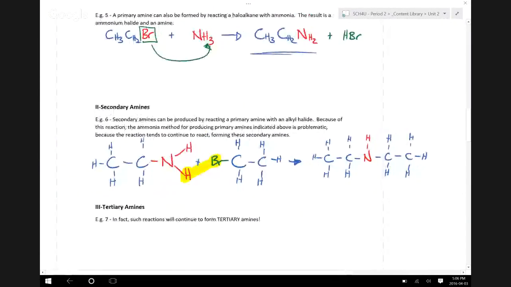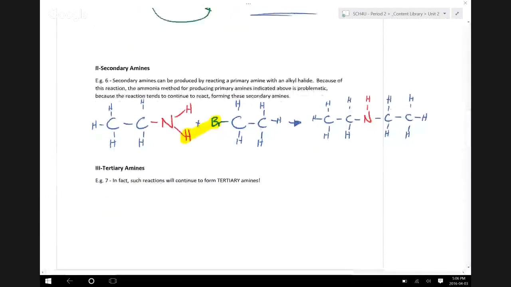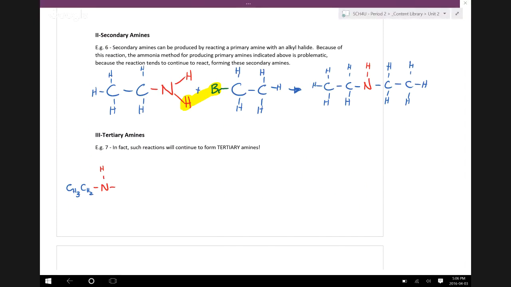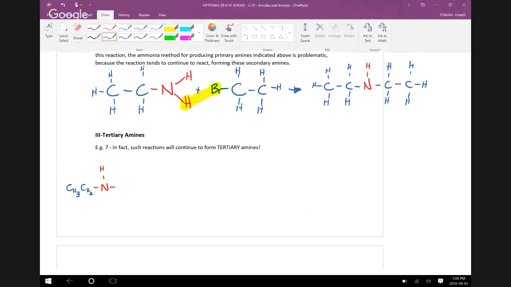All right, so you can see that this reaction keeps going this way. Of course, that nitrogen still has one more hydrogen that it could potentially react. So we could then take the product from that second one, and we could allow it to react a third time.